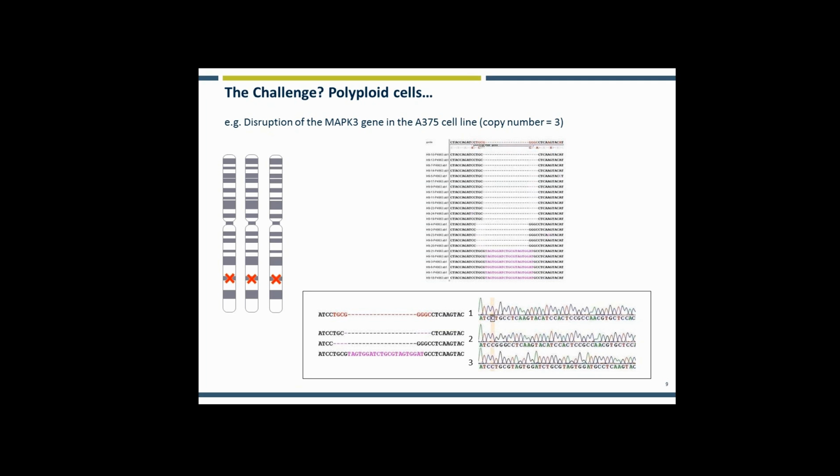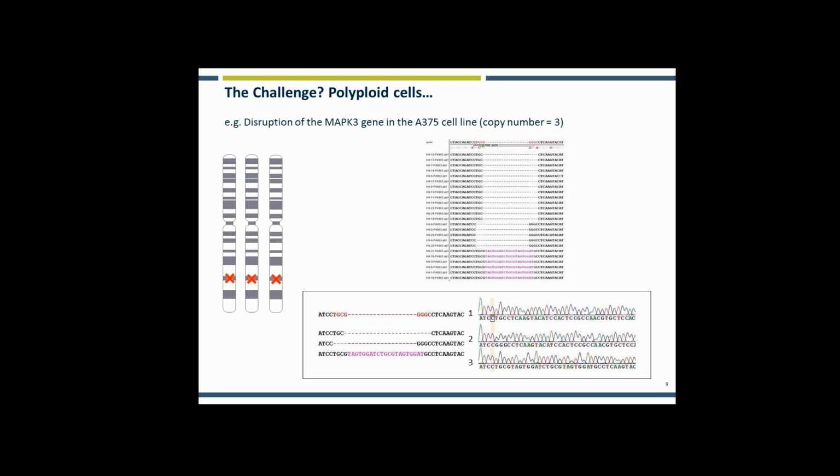And what this means is that if you want to knock out your gene using the frame shift mutation approach, for example, you've got to confirm once the CRISPR-Cas9 disruptions have occurred that every copy of your gene contains a frame shift mutation. And there isn't really a quick way to do this. At Horizon, we would amplify the target locus.